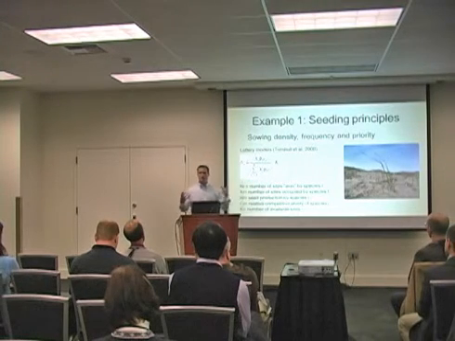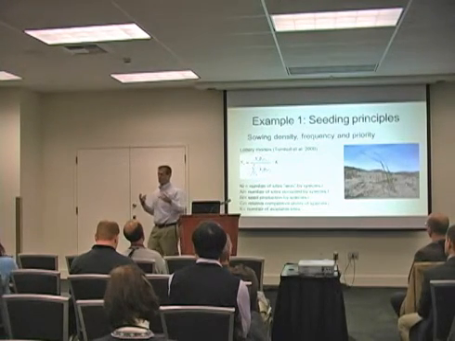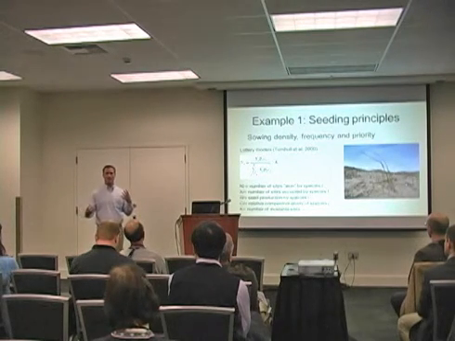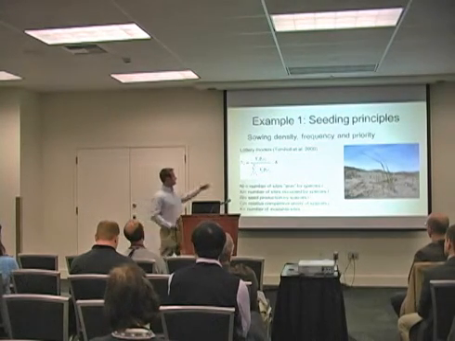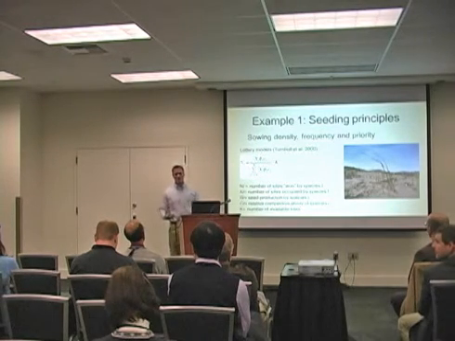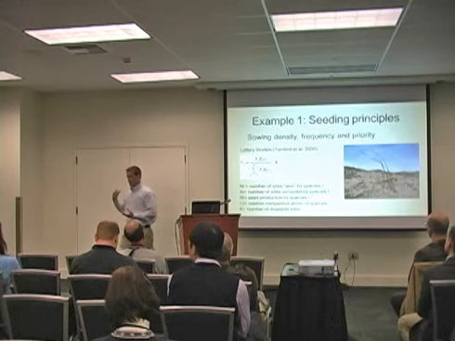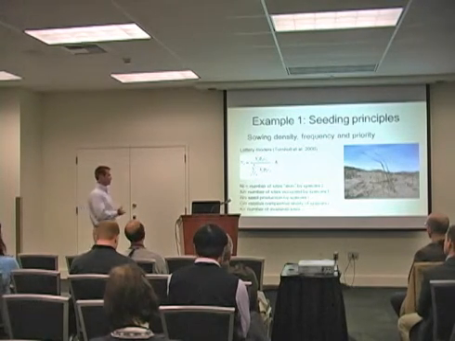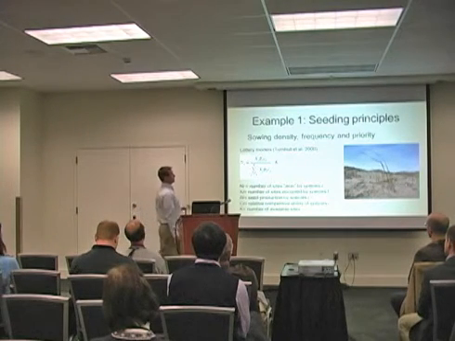So what we see right here, according to these lottery models, is that as a manager, if we adjust seeding rate and we adjust competitive ability, then we are going to have an impact on a given species. So increasing the seeding rate of our desired species, decreasing the competitive ability of cheatgrass and reducing it by removing those priority effects are going to be helpful.